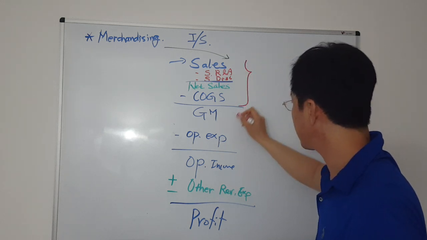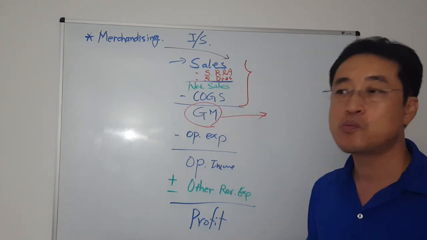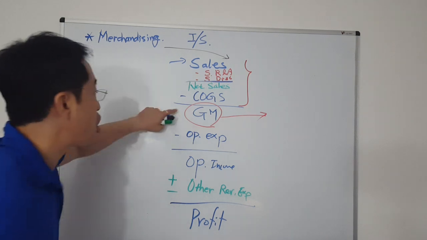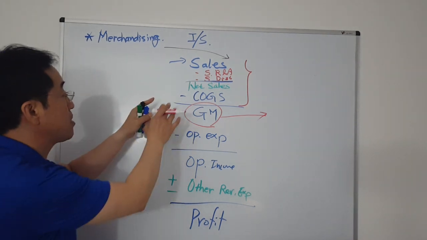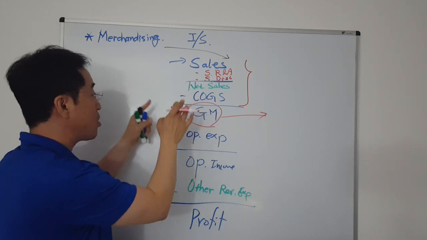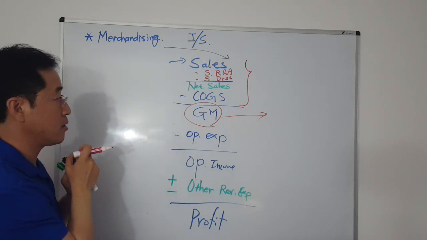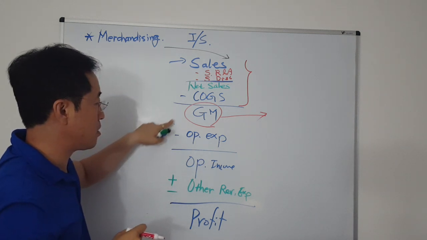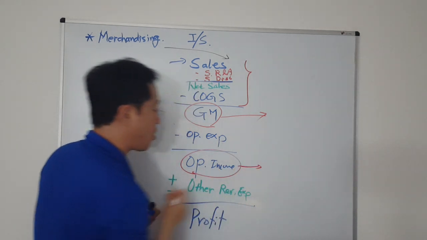Sales and gross margin. Gross margin represents earning after we deduct product cost from the sales. That's gross margin. Then operating income.